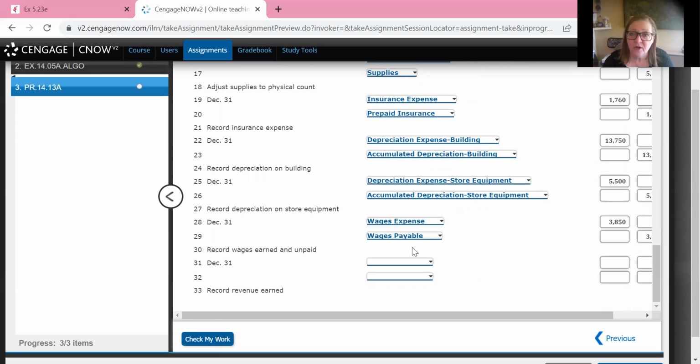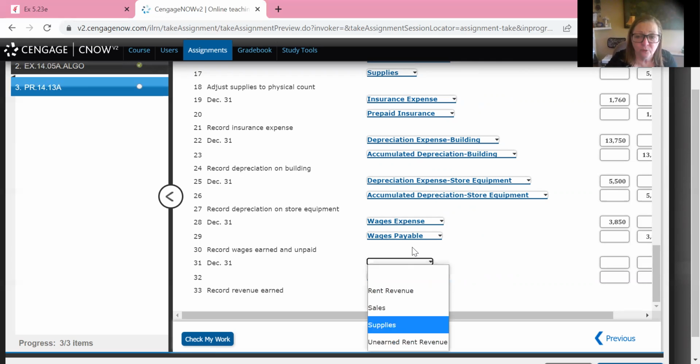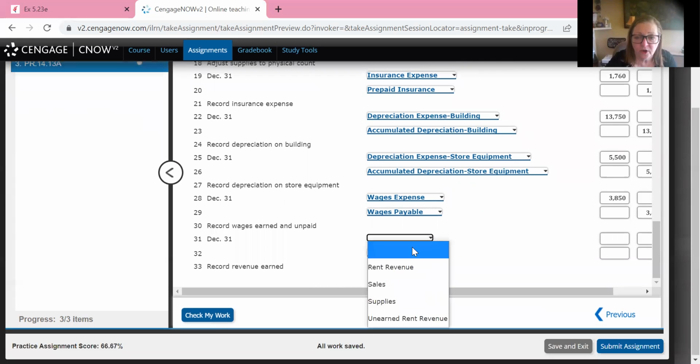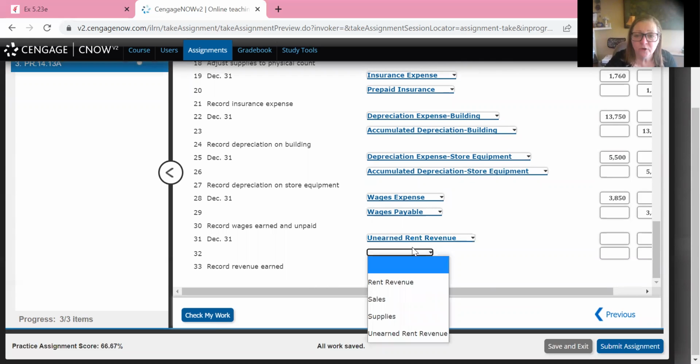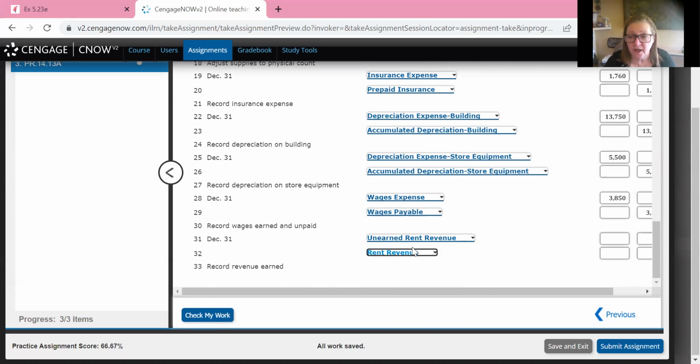But over time, when the client uses the property, then the rent that they paid us in advance starts to expire, just like the insurance expires. So basically, they used up their rent for the month that they prepaid for, at least part of it. And so we shift from unearned rent, which is a credit balance account, so we're going to debit, over to rent revenue, which is a credit balance account.